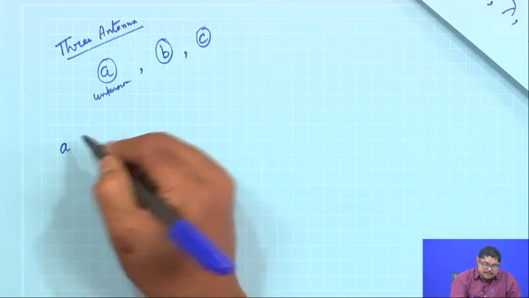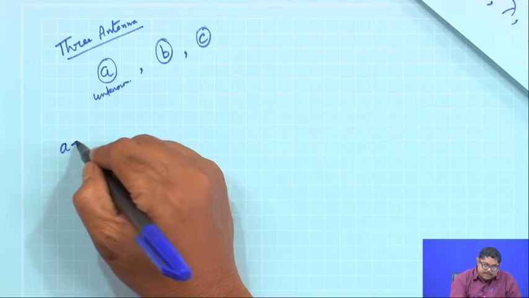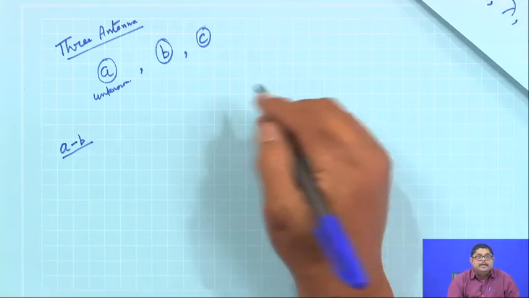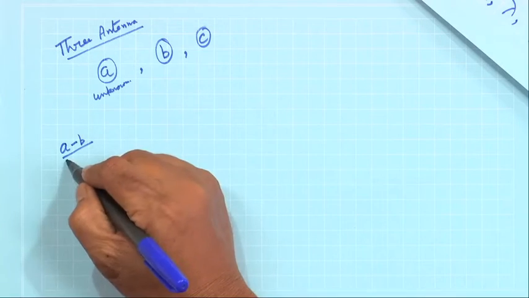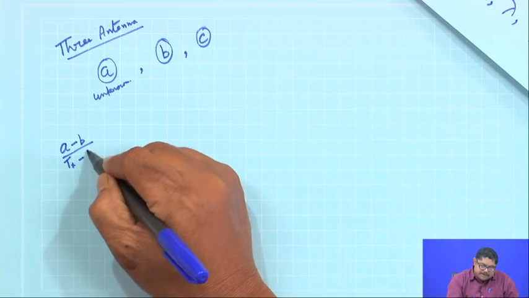First, I will make a pair AB, that means A is transmitting and B is receiving.